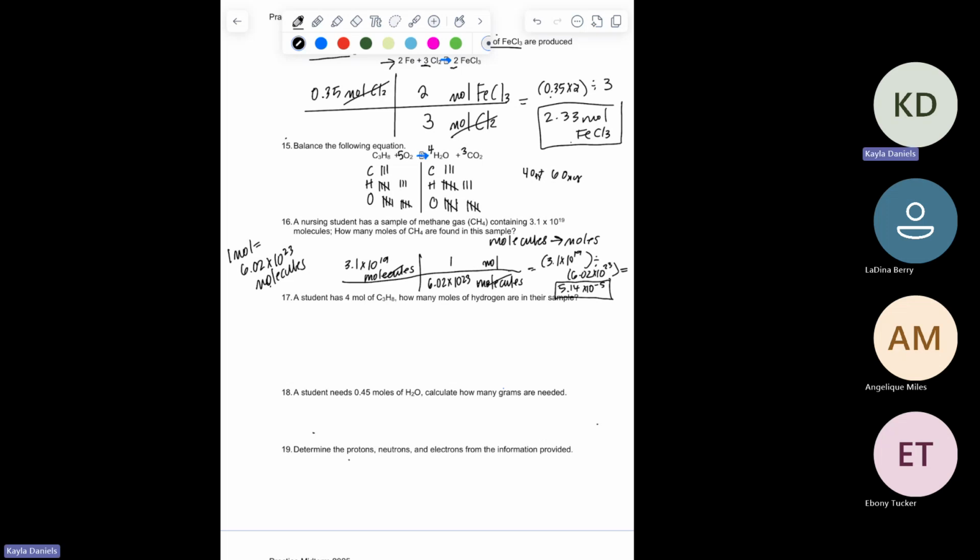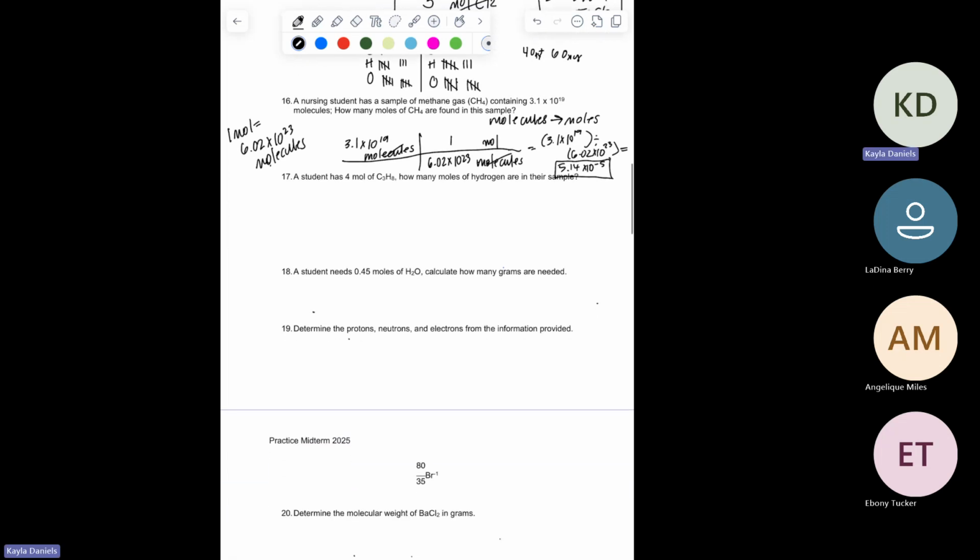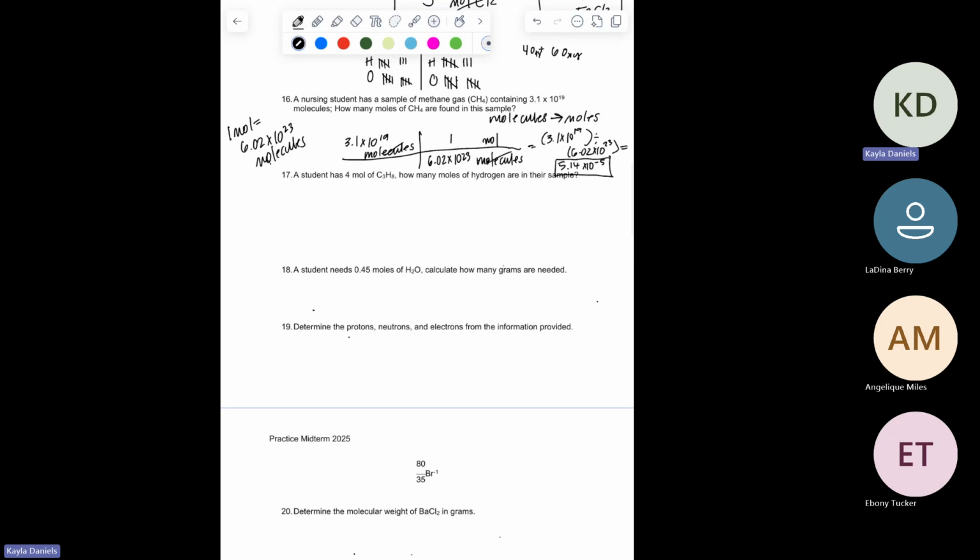All right, 17. So 17 is a little weird. A student has 4 moles of C3H8, and we want to know how many moles of hydrogen there are. So now we want to go from moles of C3H8 to moles of hydrogen.